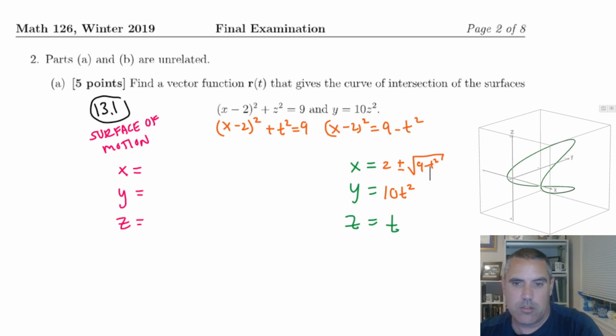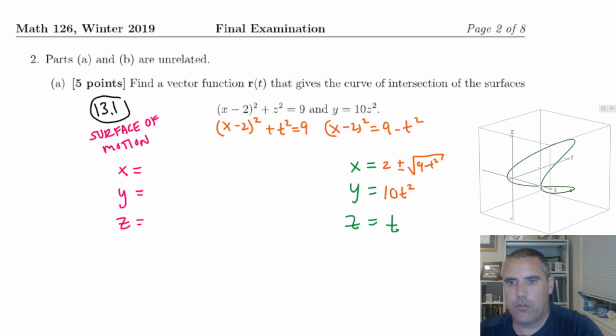Unfortunately, it splits it into two parts, the positive and negative. Let me animate it. I would have 2 plus the square root of 9 minus t squared, comma 10t squared, comma t. You would have a restriction: t has to be between -3 and 3.